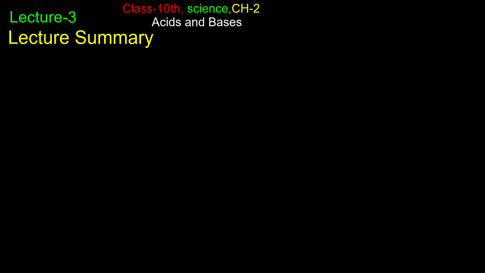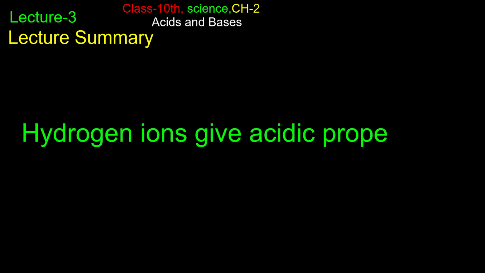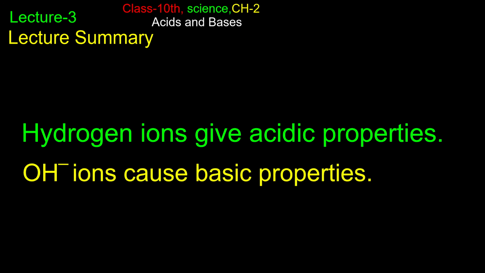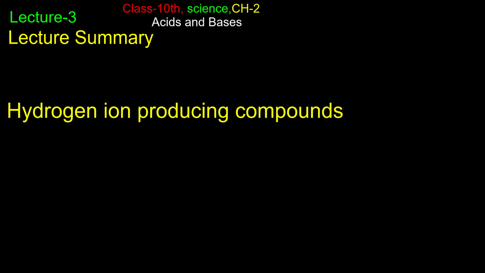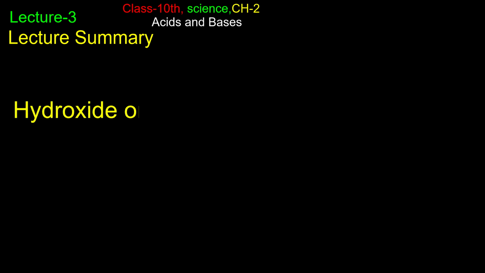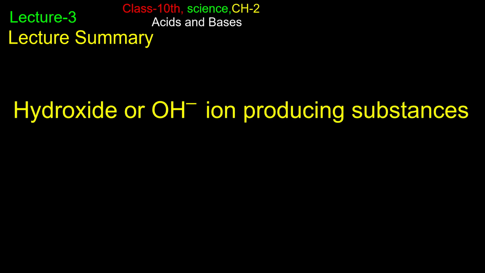In the end, I summarize this lecture. Number 1, we studied that hydrogen ions are responsible for acidic properties of a solution and hydroxide ions for basic properties. Hydrogen compounds that produce hydrogen ions are acids, and metallic hydroxides that ionize to form hydroxide ions are bases.